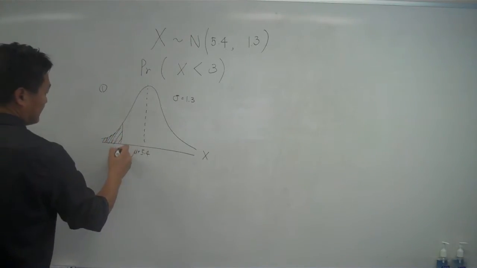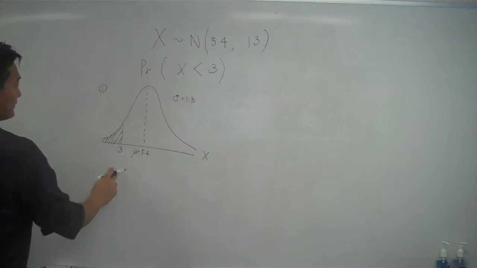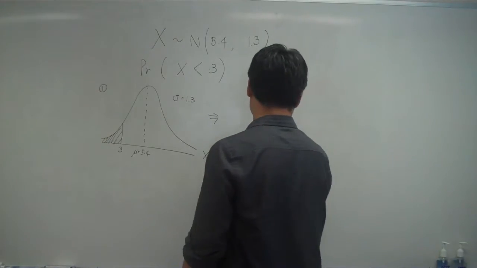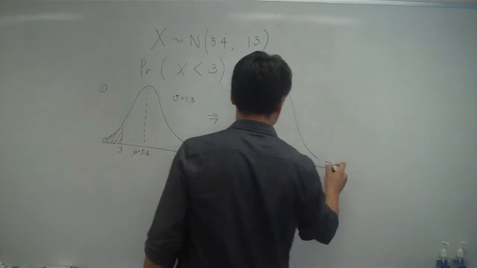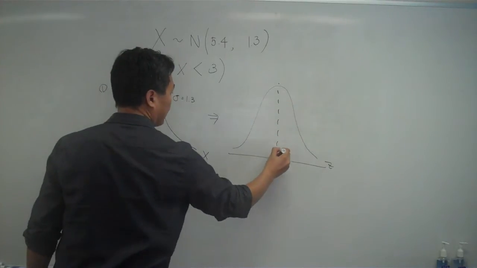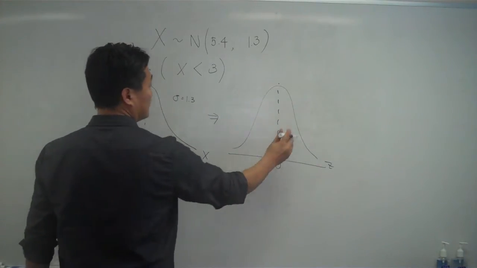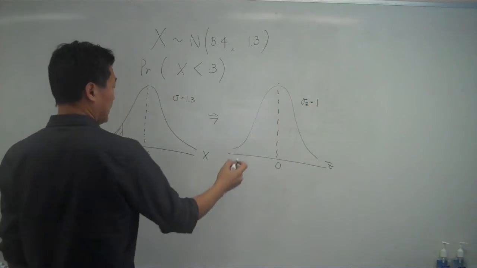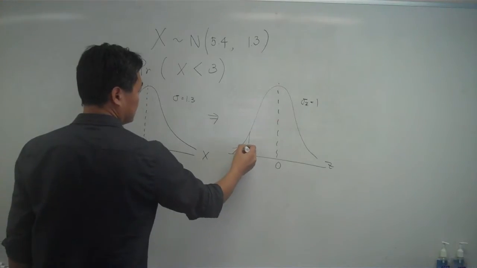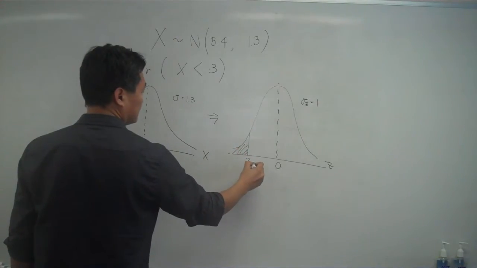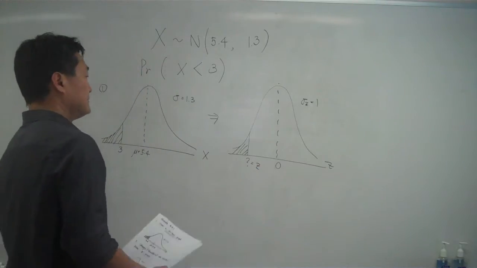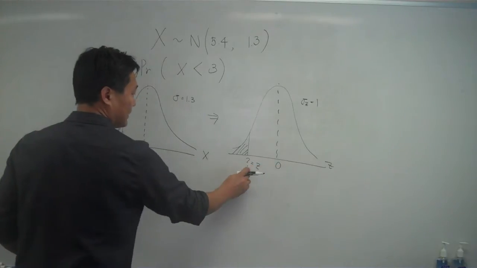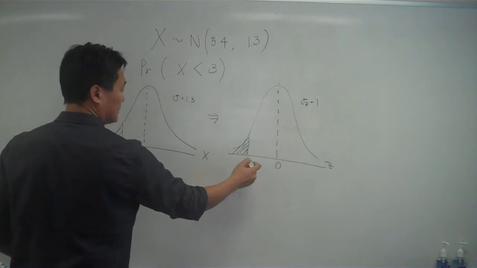That is 3, that's under the mean. If we transform these as a standard normal distribution, then the mean should be 0, and standard deviation of z should be 1, and the desired area is the same thing, I mean under the mean, but we don't know the exact score in here.